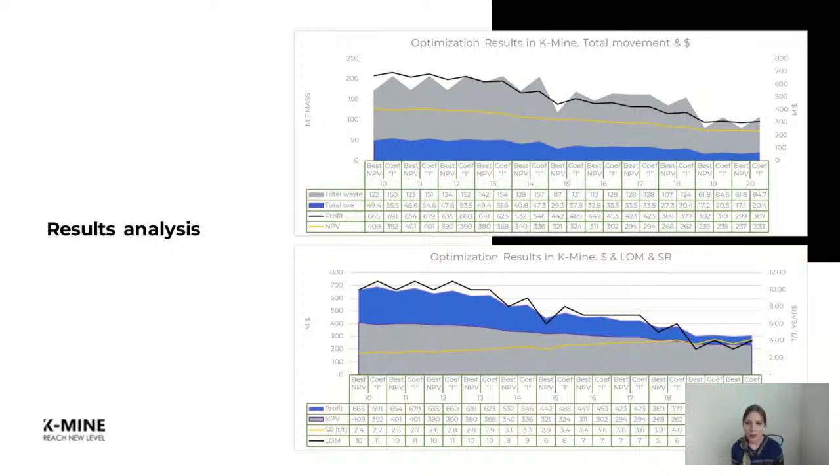The main trend is still being followed: the higher the cutoff grade, the less ore is sent for processing, the lower the total NPV and the total profit. The stripping ratio grows, and the life of mine also decreases.